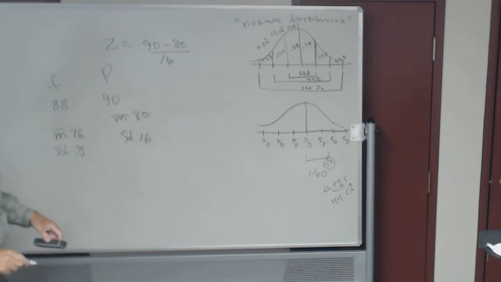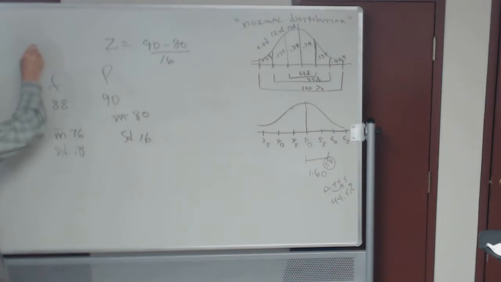Agreed? The z-score for French would be 88 minus 76 divided by 18. Everybody follow that? They tell me the mean and the standard deviation so I can find the z-score for French and the z-score for psychology.